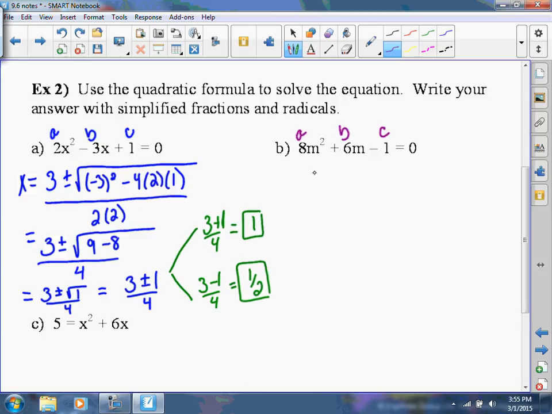So we're going to substitute it into the quadratic formula again. So x equals opposite b plus or minus the square root of b squared minus 4 times a times c all over 2a.